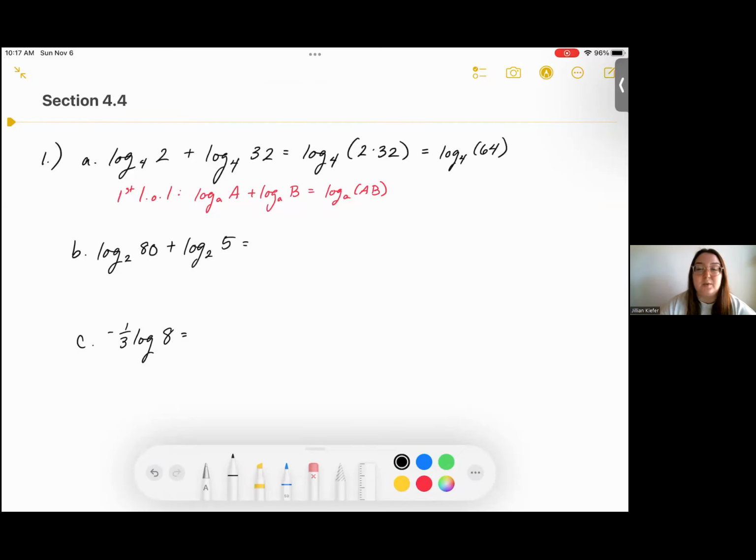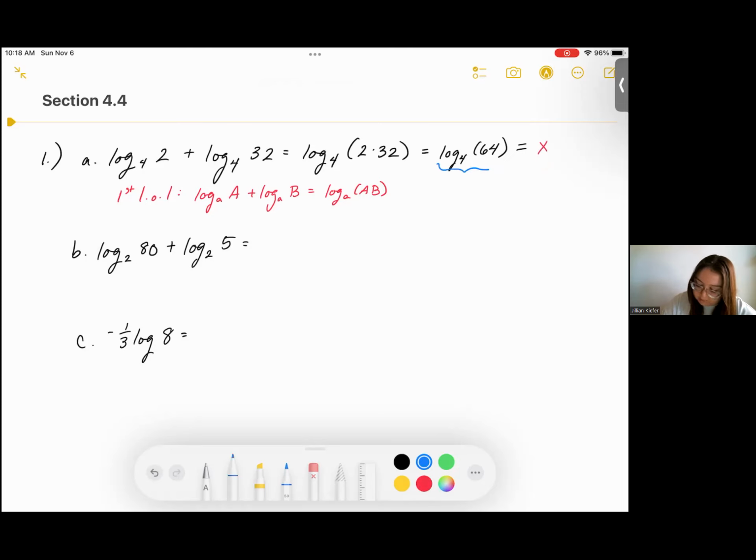Once we're at this point, whether you want to plug this in a calculator, or if you know what the answer would be, then excellent. But remember, since this is a logarithm, it's the rewriting of an exponential problem. So log base 4 of 64, we are saying that this is equal to something. Let's say x.